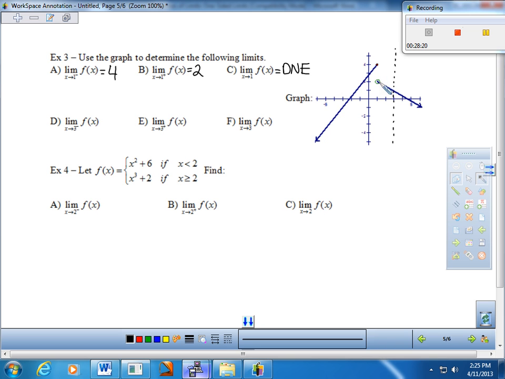I'm above 1, going down, closer and closer and closer. I'm hoping you see that vertically those values are getting closer and closer to 1. So as I get closer and closer to 3 from the left, my function values seem to be getting closer and closer vertically to 1. I'm going to put a little 1 right here and hope for the best that you saw that.